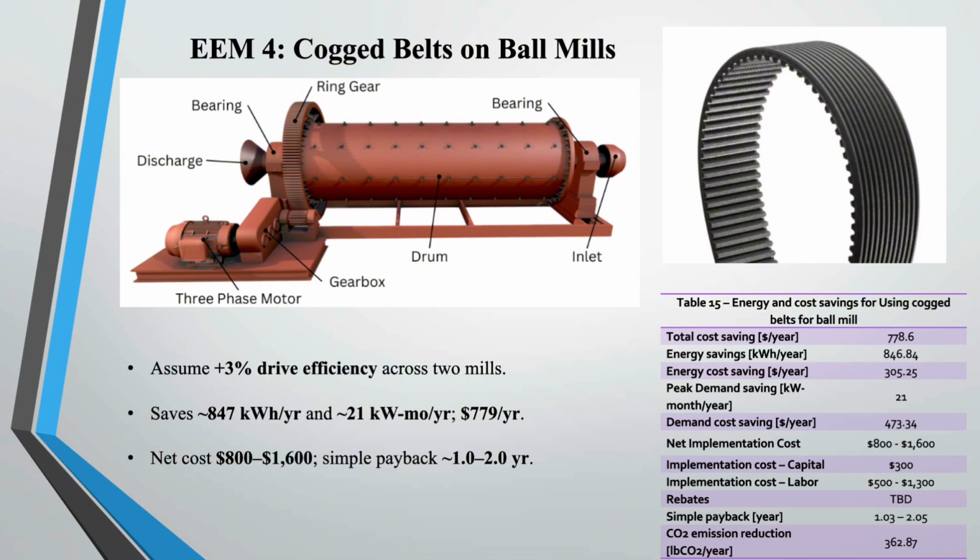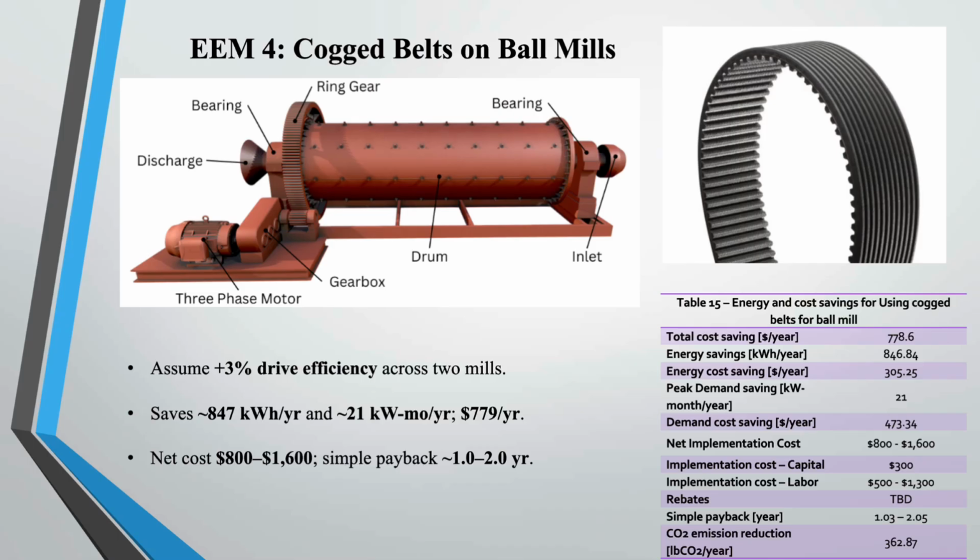For energy efficiency measure 4, we look at replacing the existing V-belt on the ball mills with a cog belt. This improves drive efficiency by about 3%. For this facility, that comes out to roughly 847 kilowatt-hours per year and about 21 kilowatt-months per year, which is worth around $780 annually.